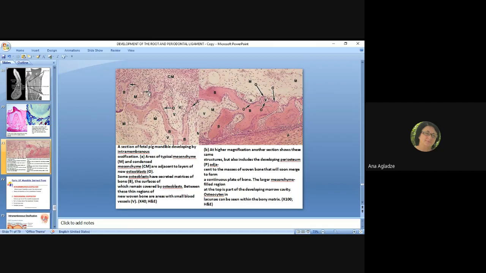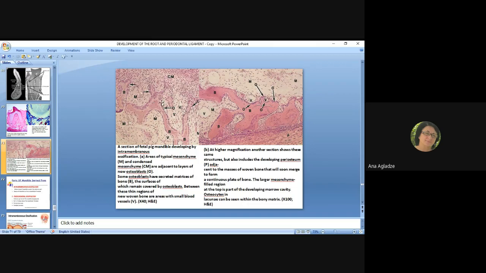A center of ossification appears in which osteoblasts first lay down embryonic or woven bone. As the teeth develop, bone extends from the developing mandible and maxilla to surround and protect the teeth, forming the alveolus.